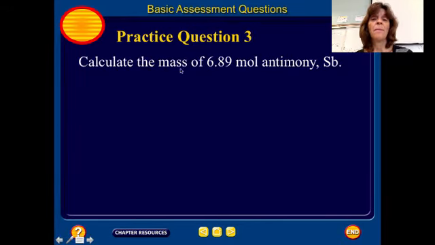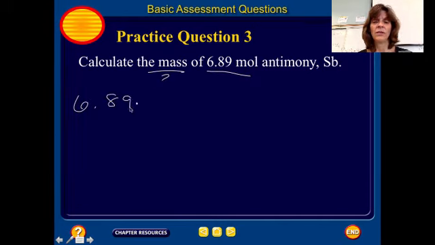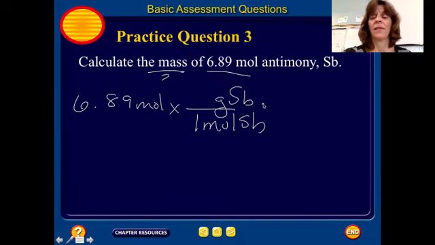3. Calculate the mass of 6.89 moles of antimony, element Sb. So we've got moles, we want mass, so start with what we know. The relationship is going to be so many grams of antimony, Sb, for every 1 mole of antimony.